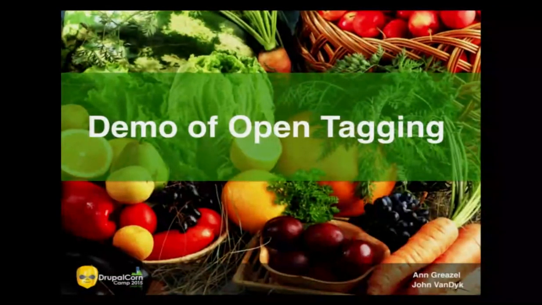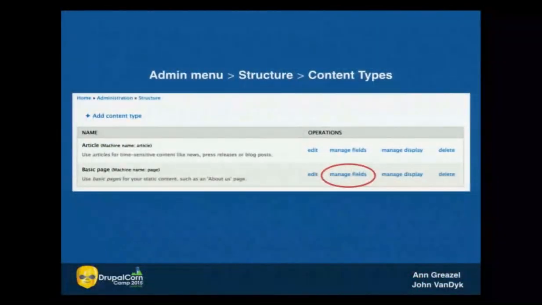Okay. So now what we're going to do is give you a demonstration on open tagging. So essentially, we're going to go through the same steps to create the vocabulary on the content type. Go ahead and add the taxonomy on the content type. So we go to Manage Fields for basic page.